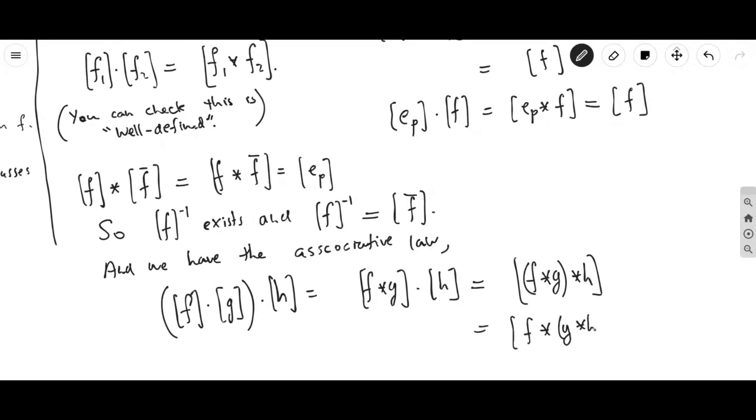So in the end, it gives us F bracket G bracket H. So the associative law also is satisfied. So we have a group.